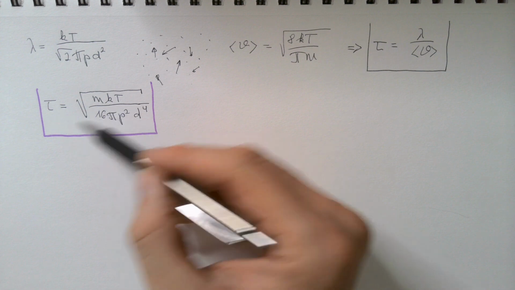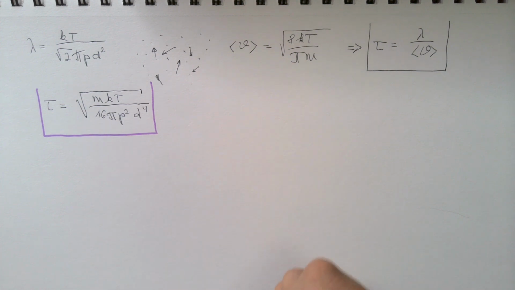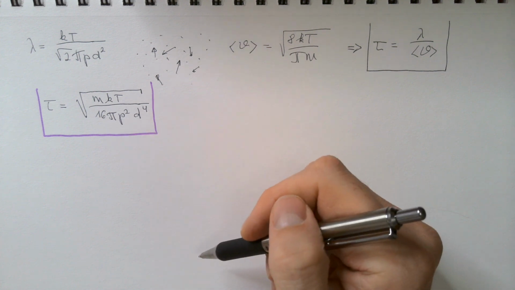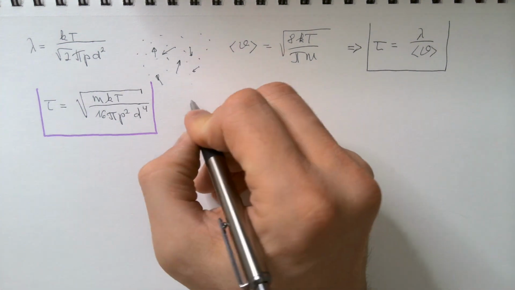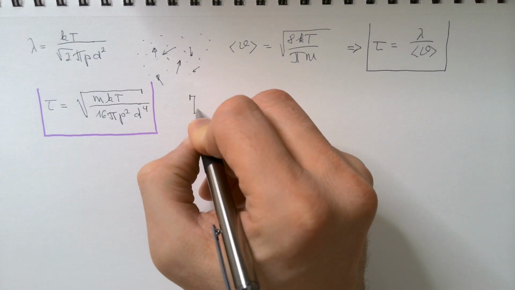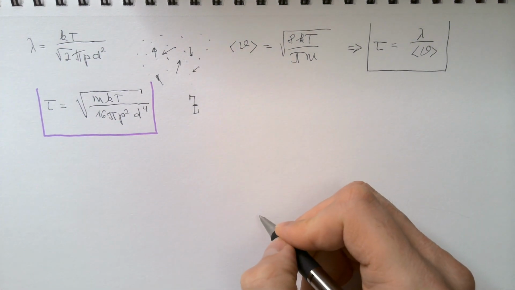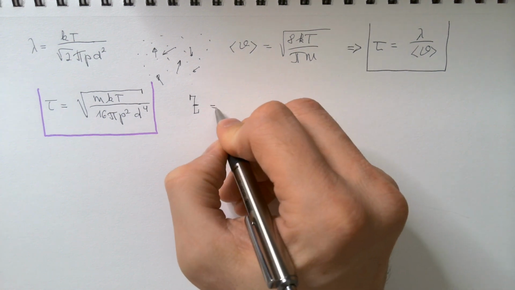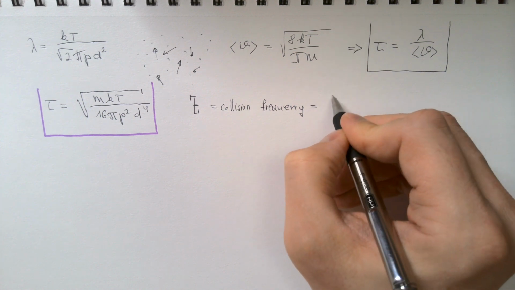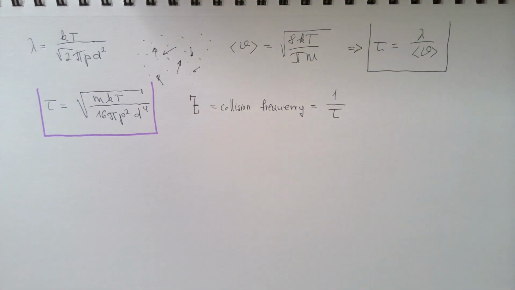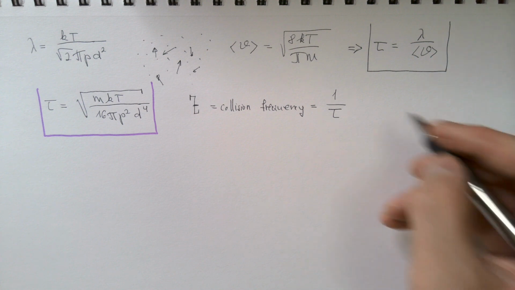Now, because this time is the mean time between any two collisions, that means it's a repetitive time. Therefore, we can define something called collision frequency, which is the average number of collisions per unit time. And for some reason, many books use capital Z to represent that collision frequency. So Z is collision frequency, which of course, as any frequency, is 1 over the period between two collisions.